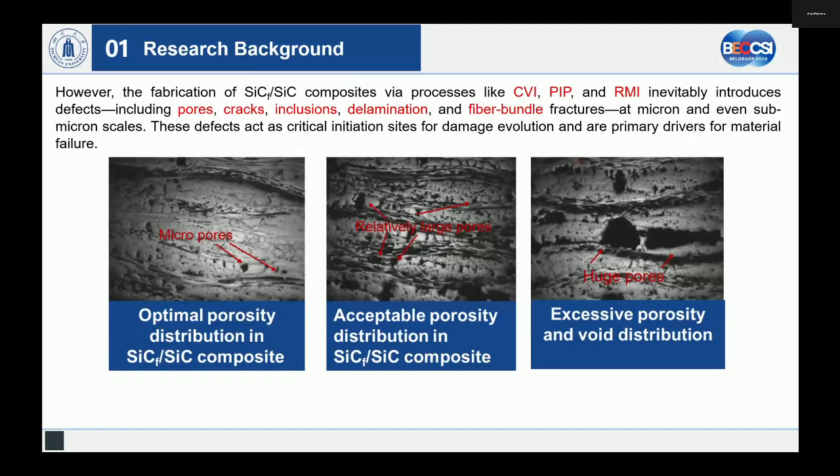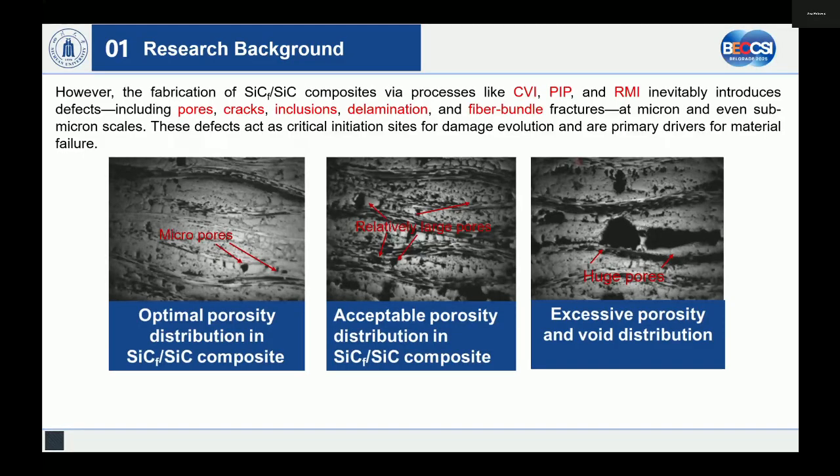However, the fabrication of these composites via processes like CVI, PIP, and RMI inevitably introduces defects, including pores, cracks, inclusions, delamination, and fiber bond fractures at micron, even submicron scales.